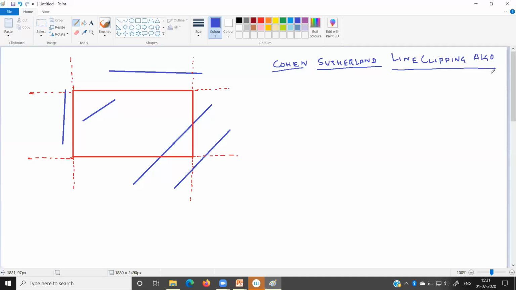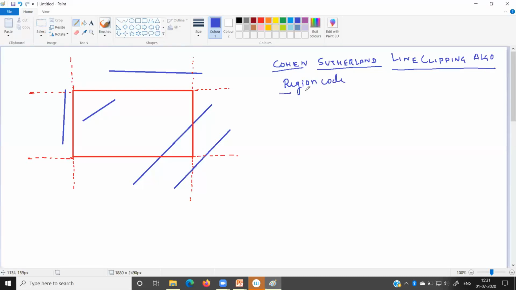First of all, we will see how the Cohen-Sutherland algorithm is able to discard all the lines which are not present inside the clip window. This task can be performed with the help of a technique called the region code.